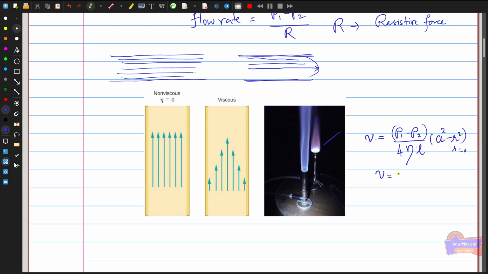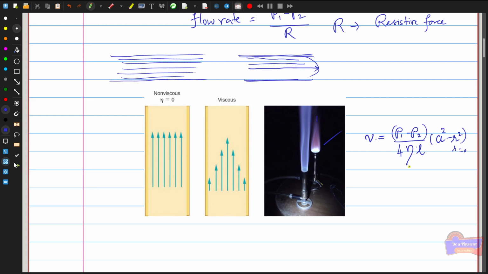That means V is proportional to some constant into A squared, where everything else is a constant. This is the parabolic relation. So if you vary the radius, you get a parabolic change in velocity in the viscous fluid.